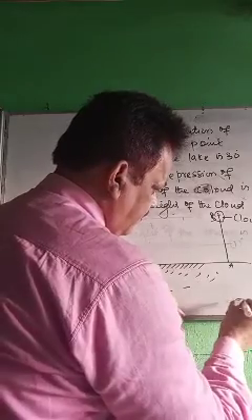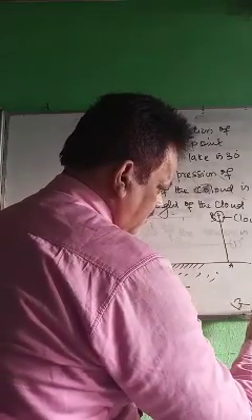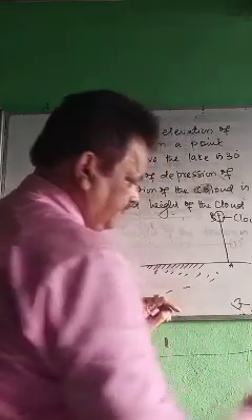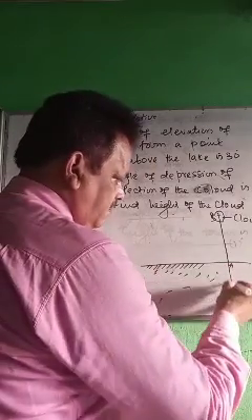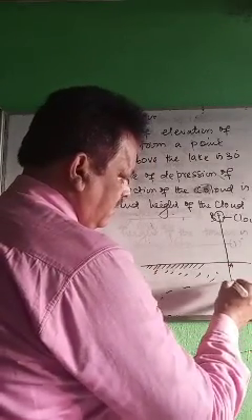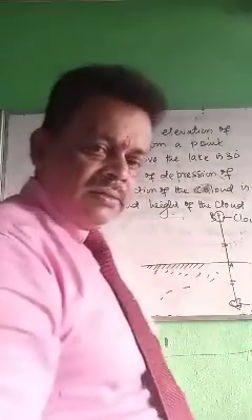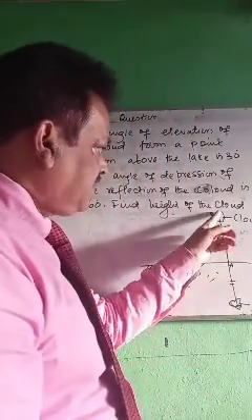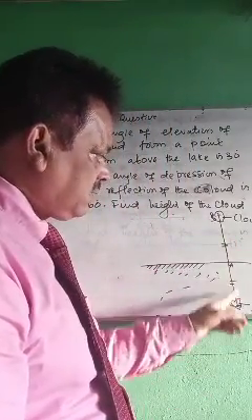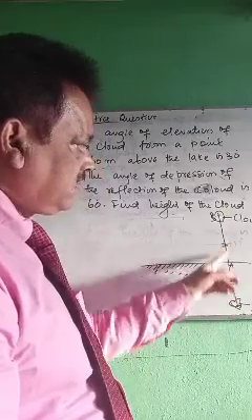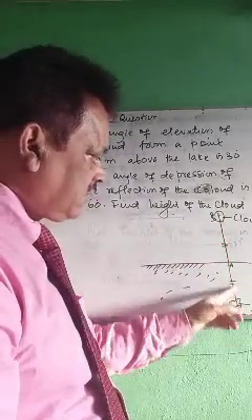Reflection is here. So if I take this point, this is C, these two distance will be equal. Object distance equals to image distance. So if this is some distance, this will be some distance.